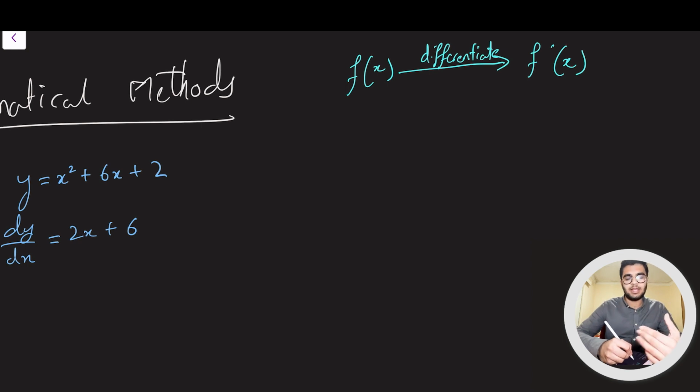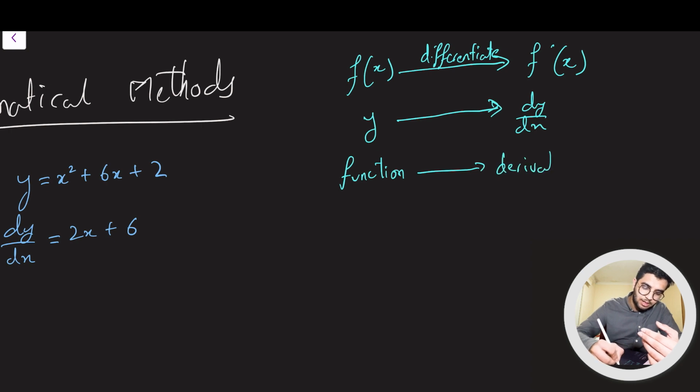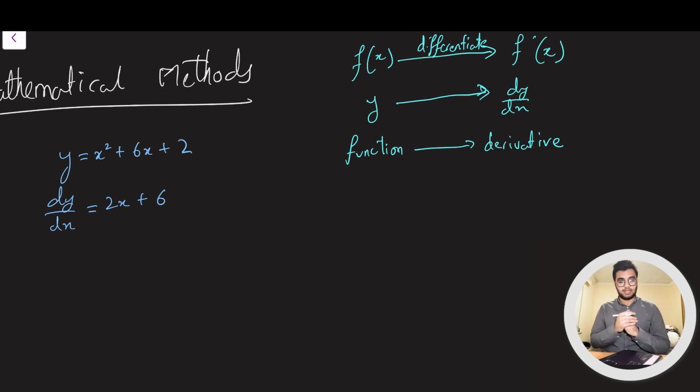Not necessarily with that notation only, we get dy dx. But the point is, we have a function and we find its derivative. That is what we have been doing so far very consistently, and finding new rules. We've been doing all of that.